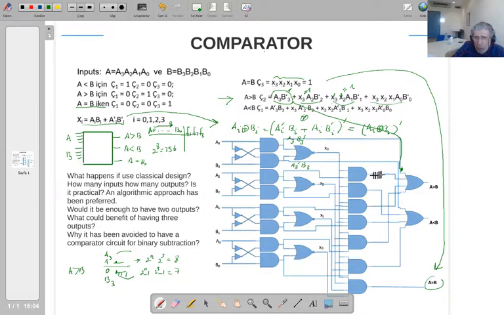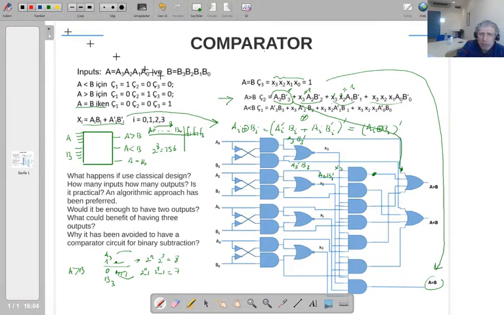So the second one here, if you look at here now, that is x3, and that is now a2 b2 prime. So this is a2 b2 prime multiplied with x3. So this is this term.